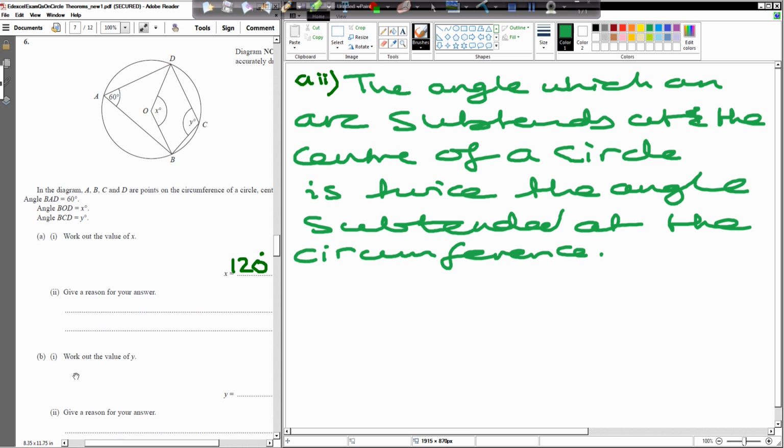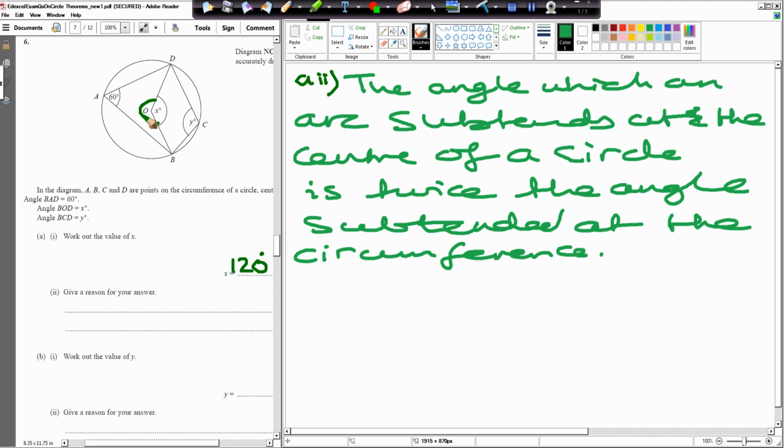Next question. Work out the value of y. If we look at this, it's the same rule again. Angle y is connected to which other angle? Angle y is half of this angle because of the same rule we got over here.